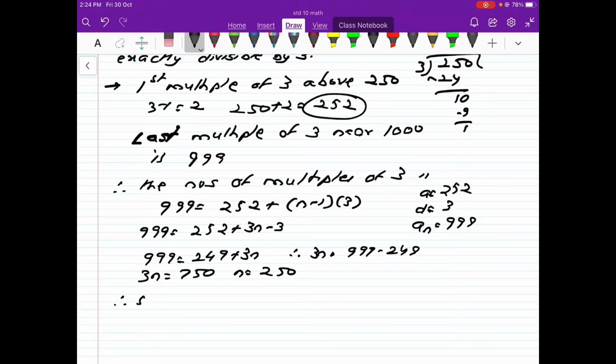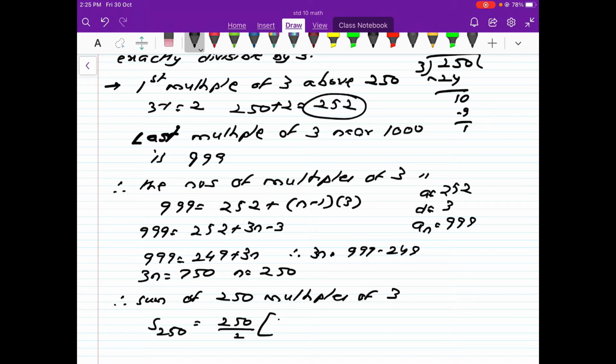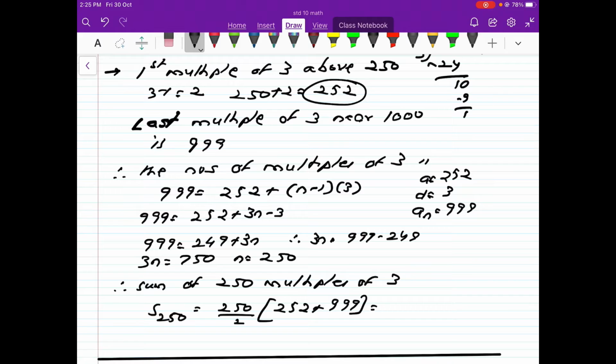So now the sum of 250 multiples of 3, that is S250, is equal to, we will again use the shortcut method. There are 250 multiples. The first multiple was 252 and the last multiple is 999. So this is 125 into 1251.